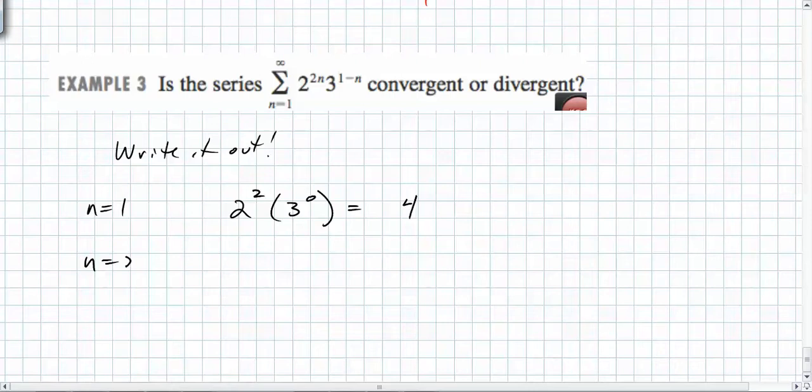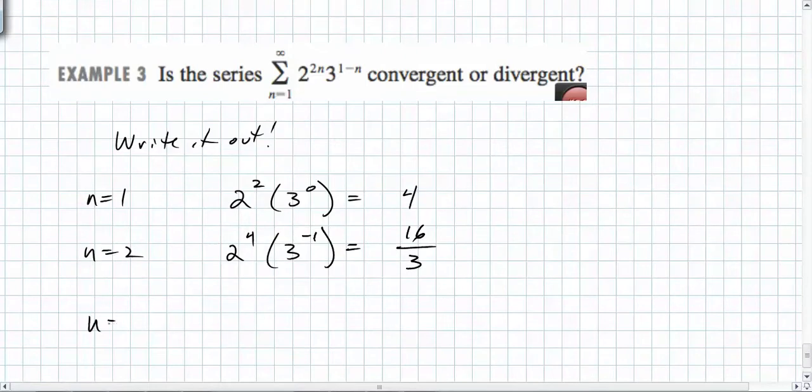And then n equals 2 is going to be 2 to the times 3 to the negative 1. I can't do basic math today. So what's that going to be? 16 over 3. And then n equals 3 is going to be 2 to the 6th times 3 to the, so that's going to be 64 over 9, right?